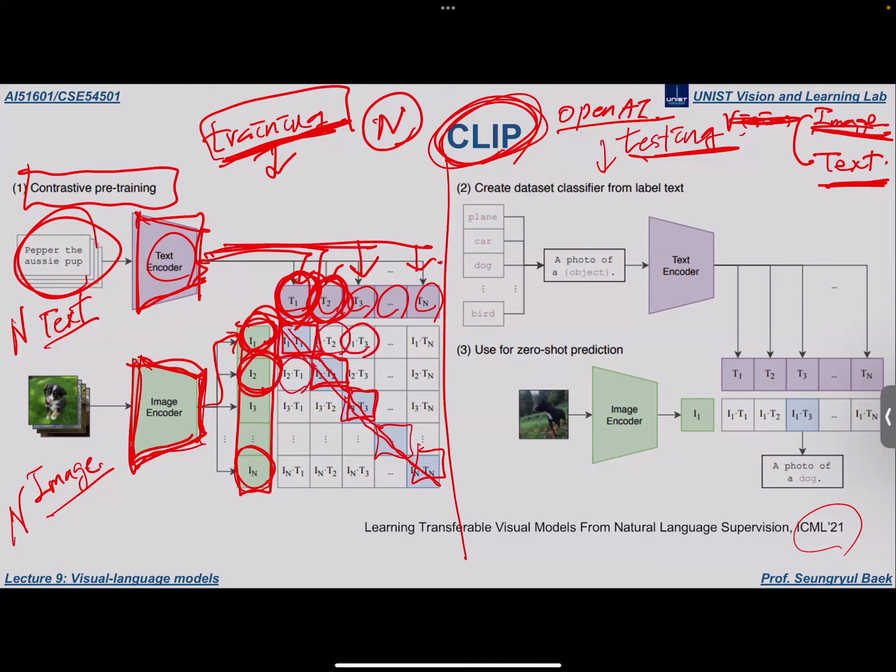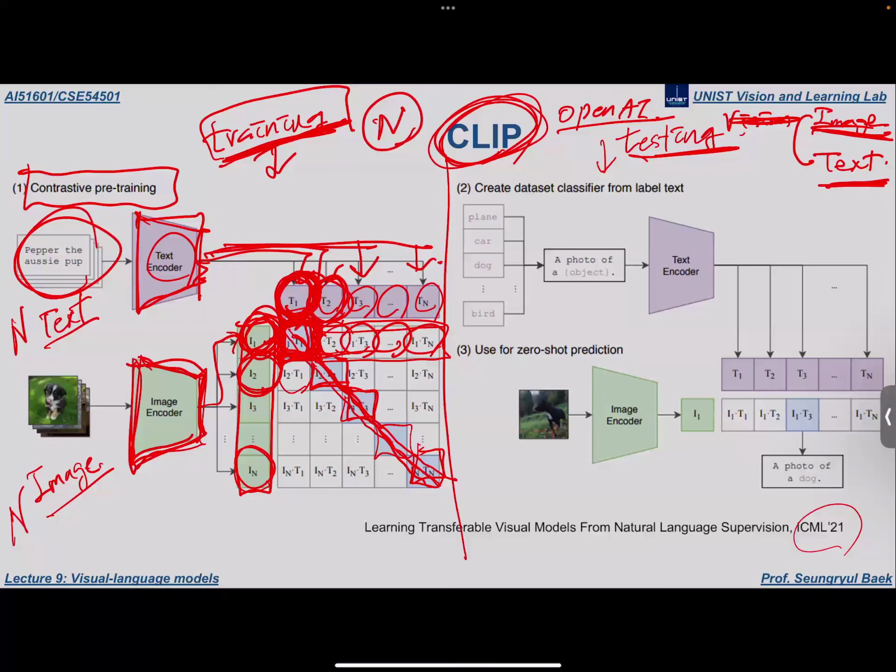But the remaining entries are having some false matching. Maybe there could be some true matching accidentally, but we regard this as false, and only these diagonals have the true matching. So we want to increase this diagonal. What they do here is a dot product between I1 and T1, their vectors. If the two vectors are similar, they will have a value close to 1.